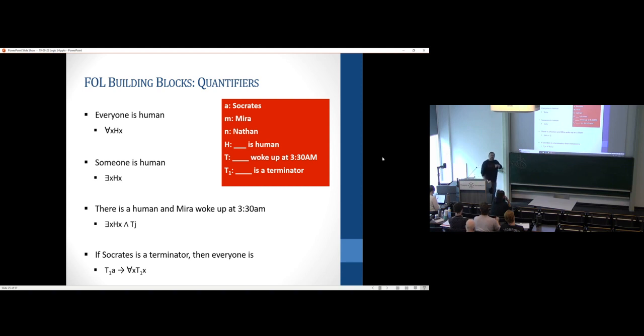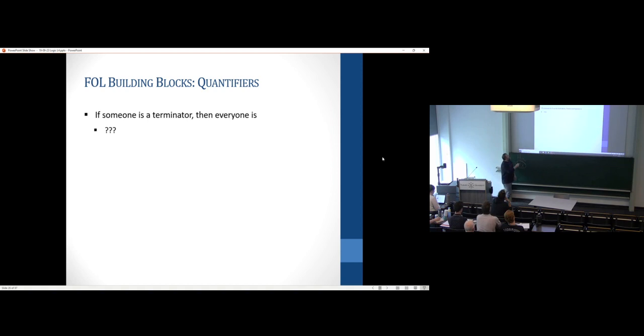Okay, I want to talk about two more things, then we'll get to our break. Because I know I'm throwing a lot of stuff at you, this is kind of weird. So here's the one. If someone is a Terminator, then everyone is. Now, one way we might go is to have the quantifier in the back and drag it to the front.